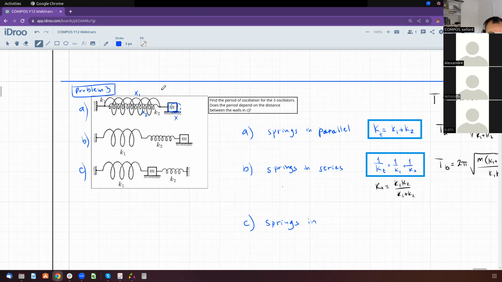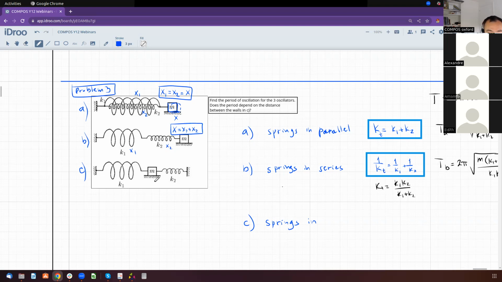But in this case, x1 has to equal x2, and it has to equal x. This is the case for parallel springs. Now for this other arrangement, the first spring extends by x1, the second spring extends by x2, and the mass moves by x, where x is equal to x1 plus x2. That's for series springs.